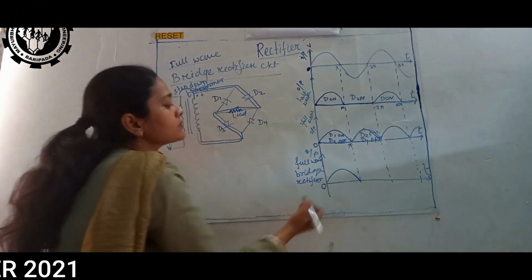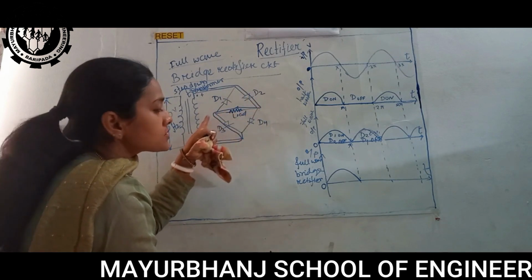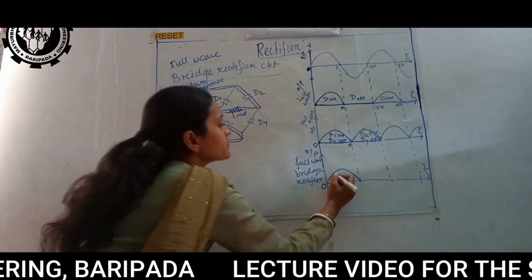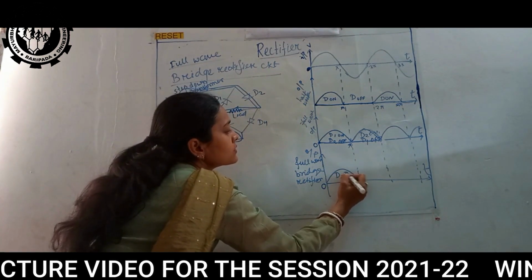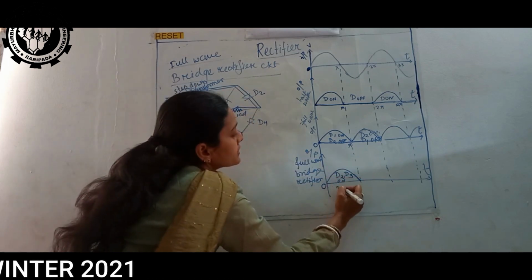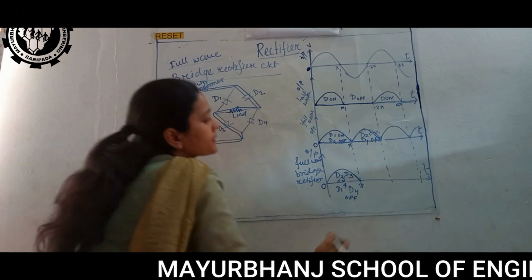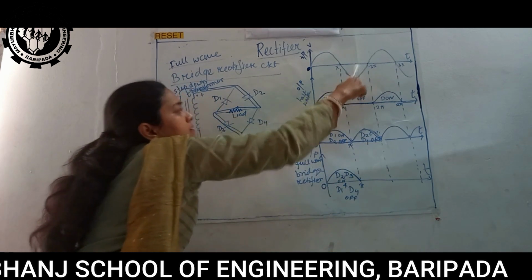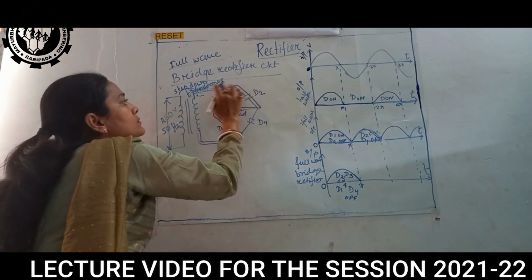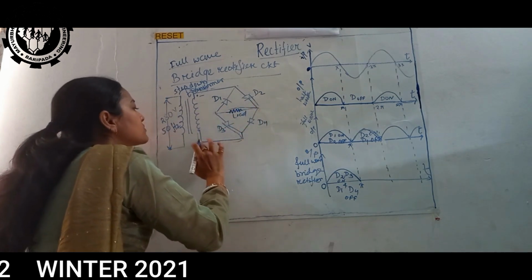It again starts from the initial point 0. Which diodes are in conducting mode, or forward bias mode? D2, D3. So we can write over here D2, D3 on and D1, D4 off from 0 to pi. For the negative half cycle, this terminal becomes negative. So current cannot flow through this path, it will find another path to conduct.